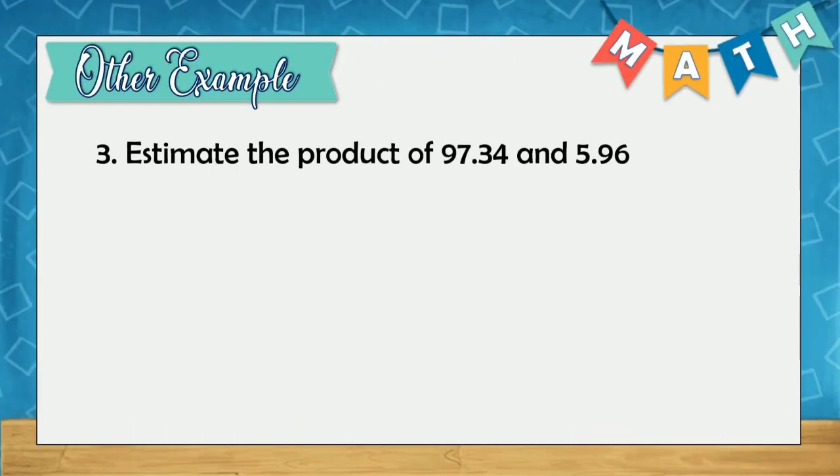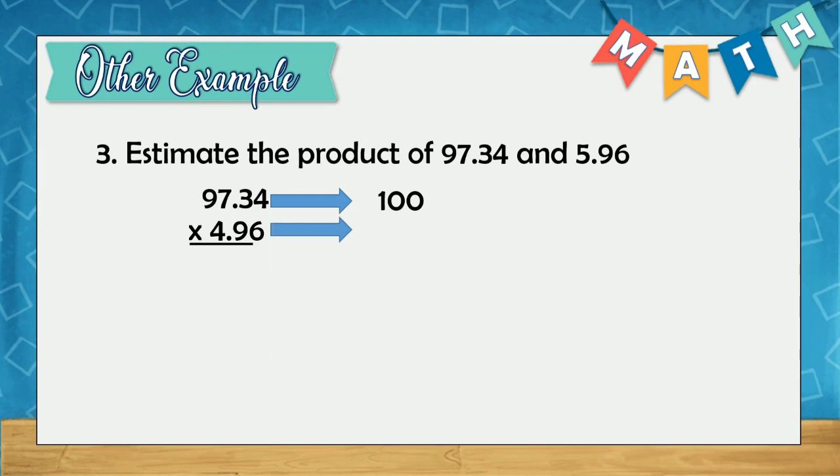Estimate the product of 97 and 34 hundredths and 4 and 96 hundredths. So first, we are going to round off the factors to its greatest value. 97 and 34 hundredths is already closer to 100. And how about 4 and 96 hundredths?